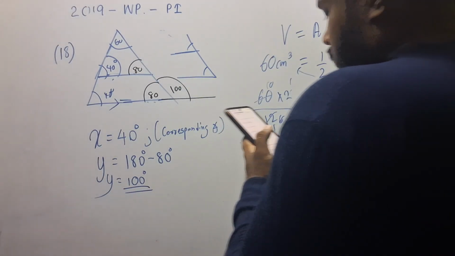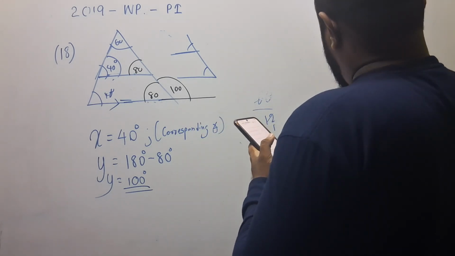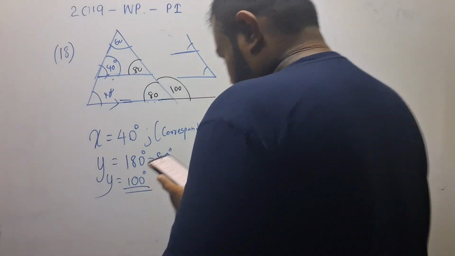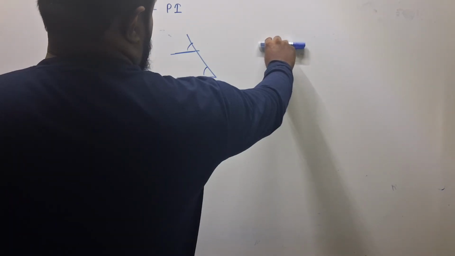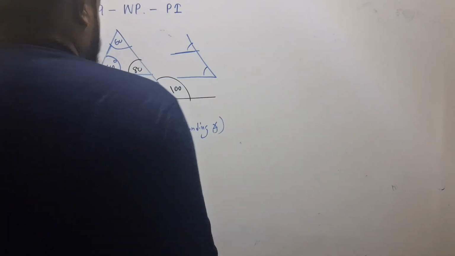Question 20. According to the measurements given in the figure, write the angle of depression and angle of elevation. The angle of depression means your eye level goes down. The angle of elevation means your eye level goes up.